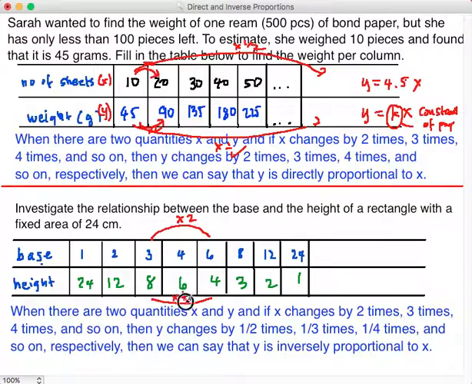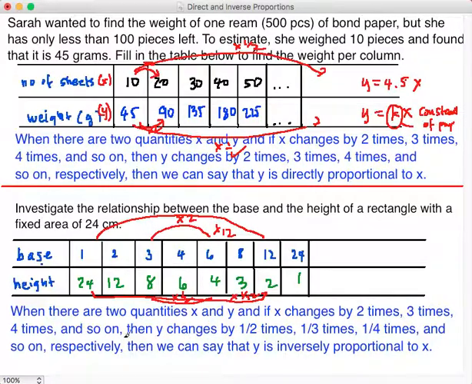So this is times 1/2. Pag nag-times 12 ako dito, ang mangyari sa akin dito is divided by 12, times 1/12.